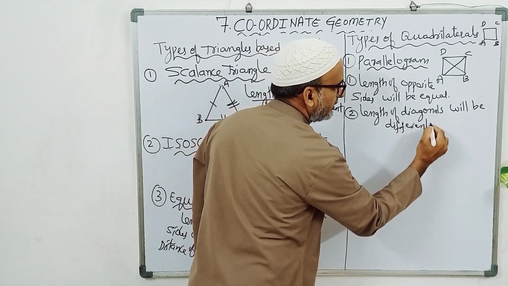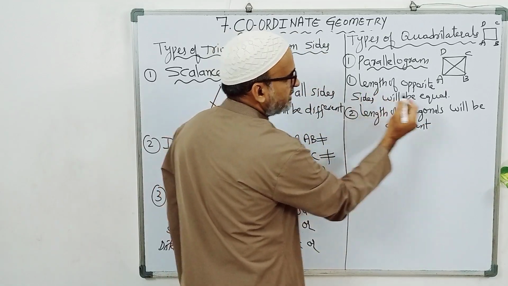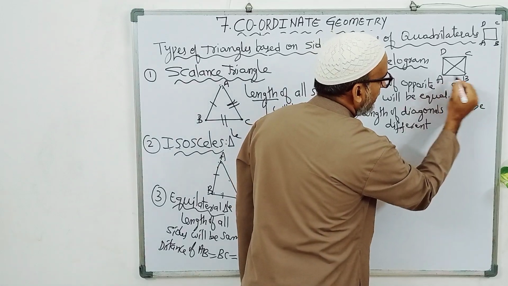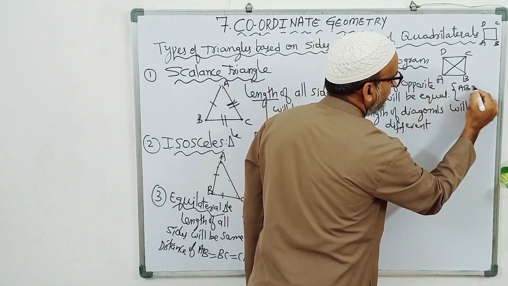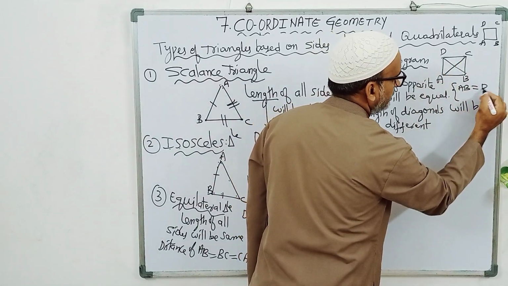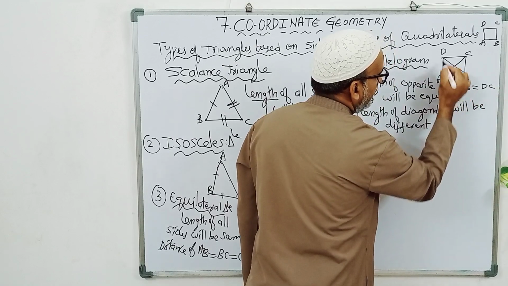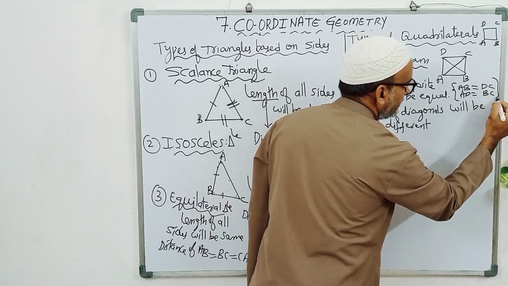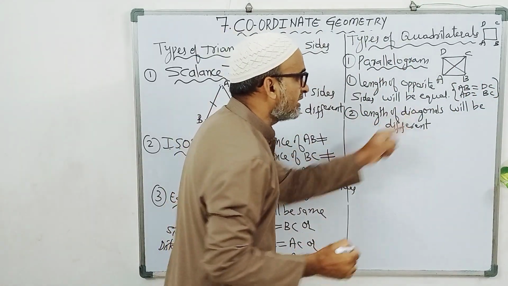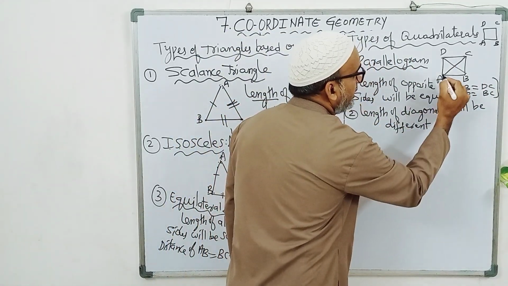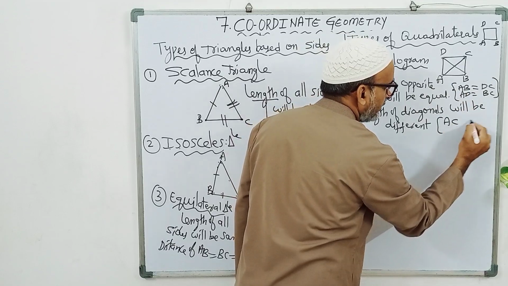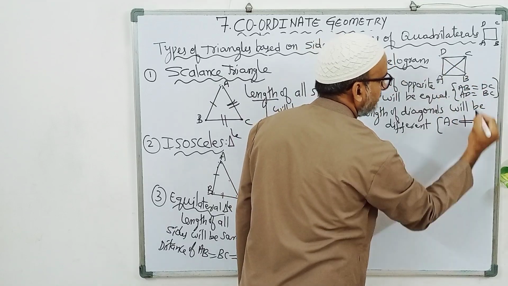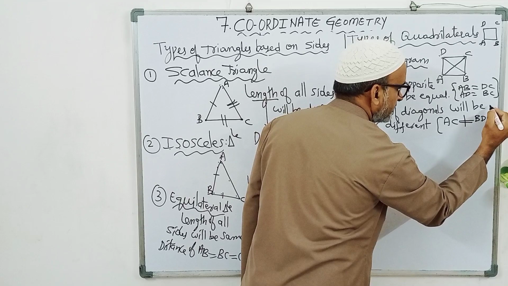A to C is one diagonal, B to D is another diagonal. Length of opposite sides equal means AB equals DC, and AD equals BC. Diagonals different means AC is not equal to BD.